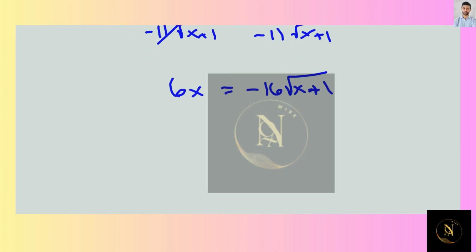Divide both sides by negative 16, and we'll get negative 3/8 x equals the square root of x plus 1.